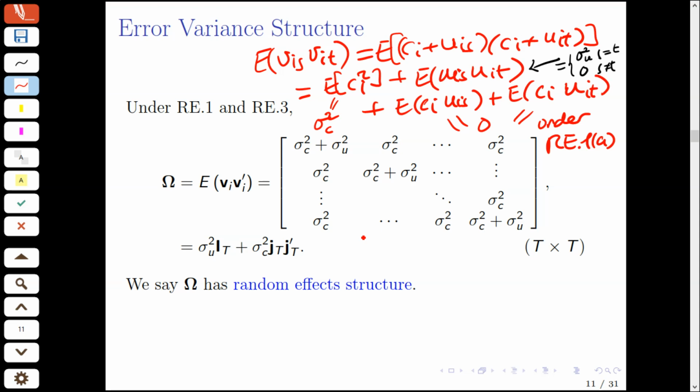We say that the composite error variance omega, when it satisfies this assumption, has a random effects structure, or RE structure for short. And whenever we encounter matrices that have this type of structure, or when we enforce this type of structure, we'll say that those matrices have an RE structure as well, or simply that they're RE structured.